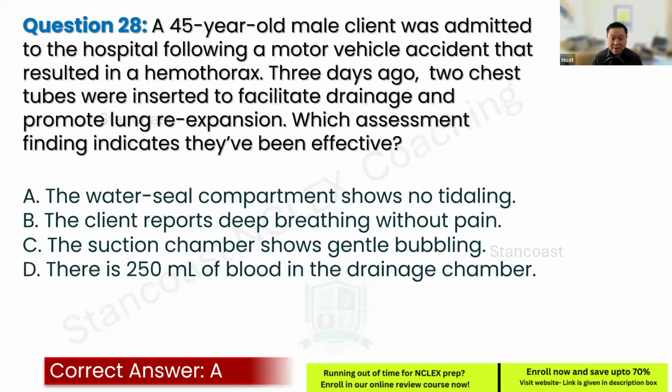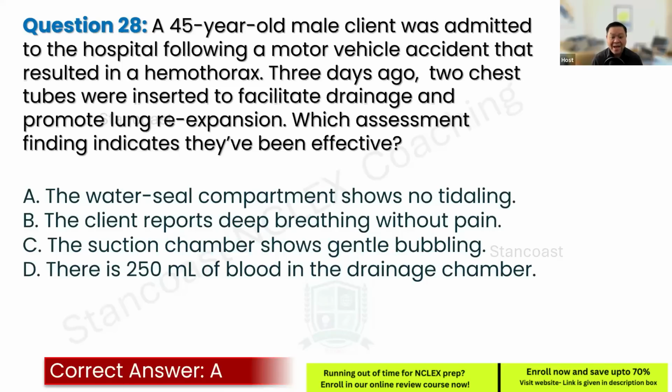Letter C is also incorrect because gentle bubbling in the suction chamber shows that suctioning is working but does not confirm re-expansion. D is also incorrect because blood in the drainage chamber is expected for a hemothorax, but it does not indicate that the lung has re-expanded.